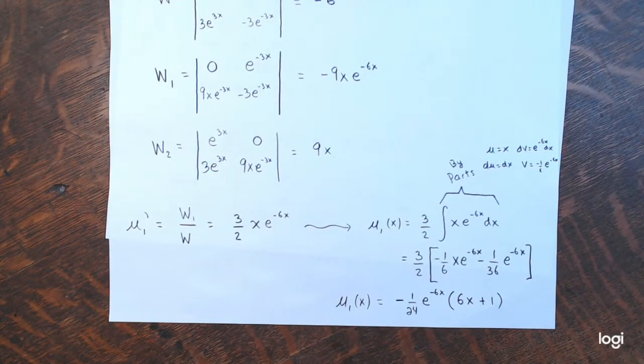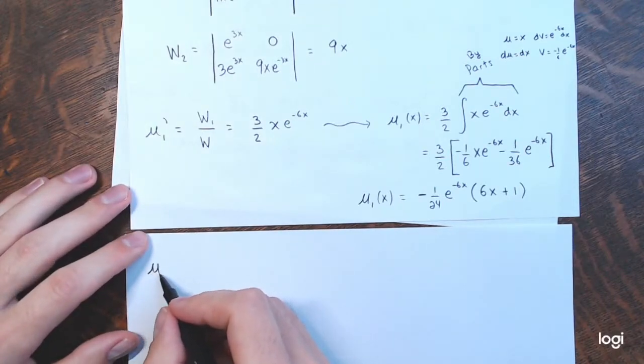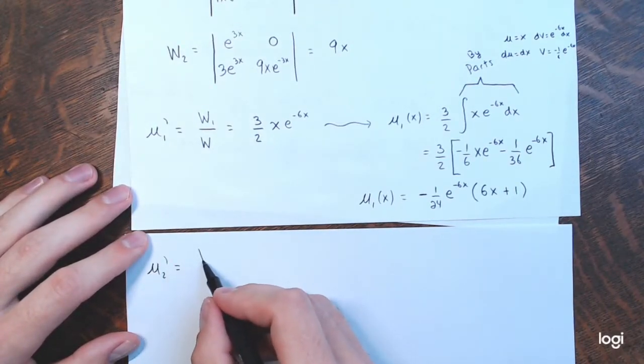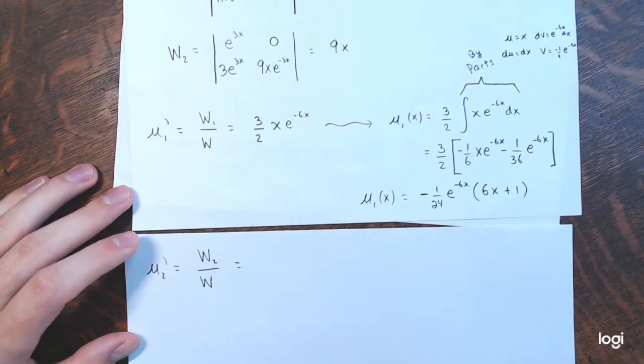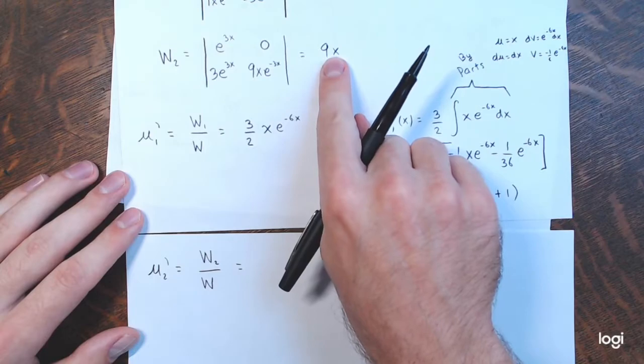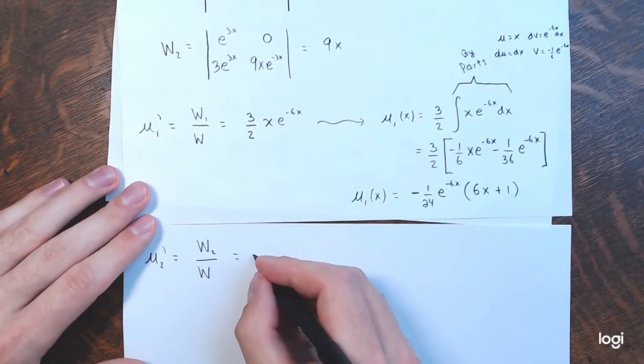And then I'm doing the same thing to find u2. So again, u2 prime is w2 divided by w, which, w2 is 9x, w is negative 6, so that's negative 3 halves x.